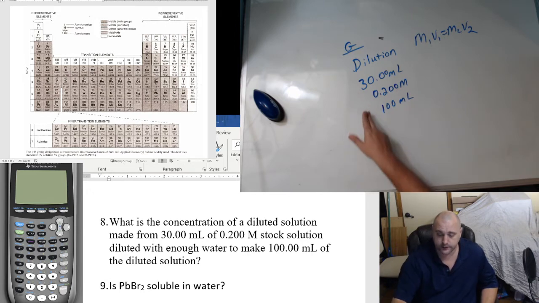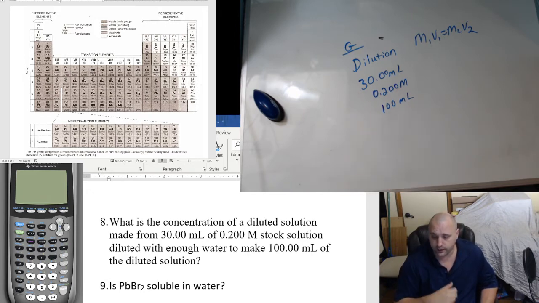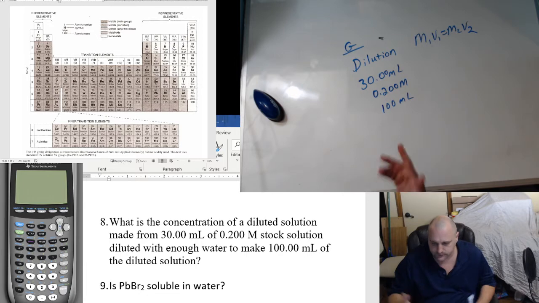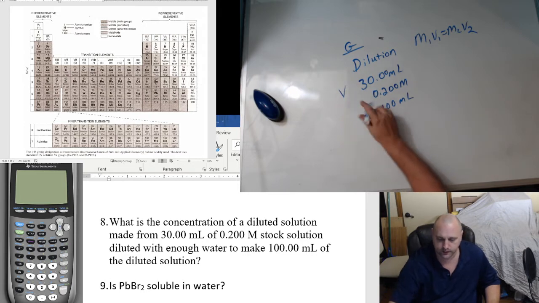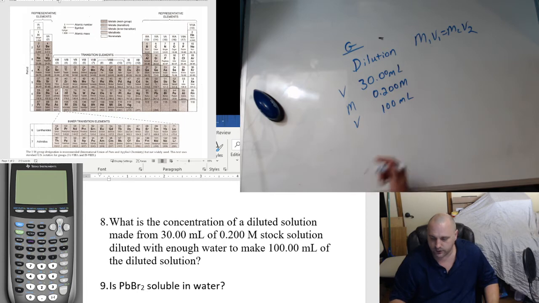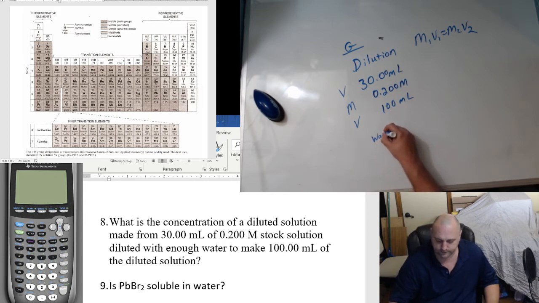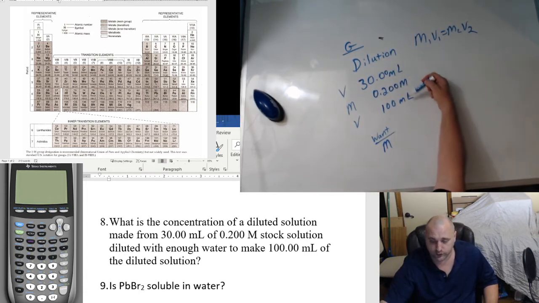I'm going to look at these and figure out what's going on with them. This is milliliters, that's a volume. And this is a molarity, and this is another volume. And so what they want is my other molarity. So what I want to do is figure out which ones go together.